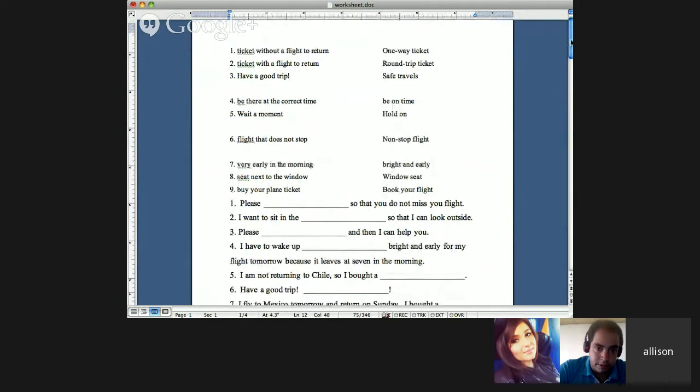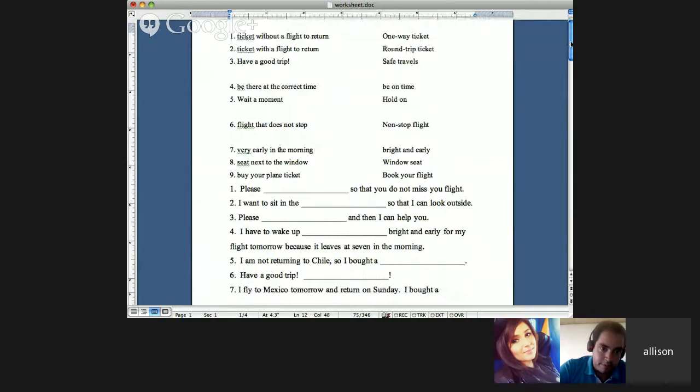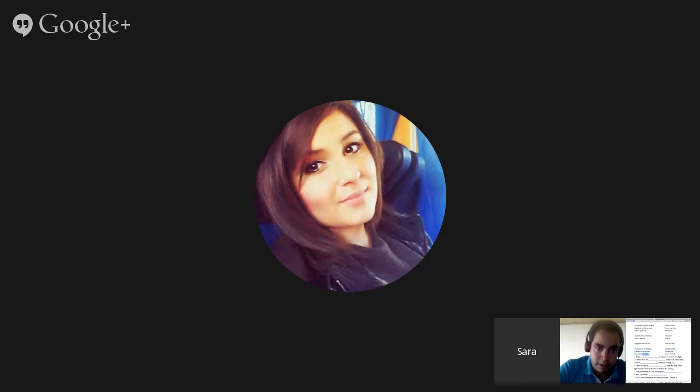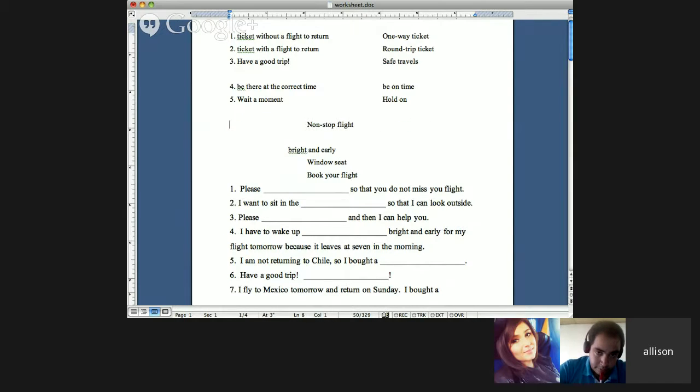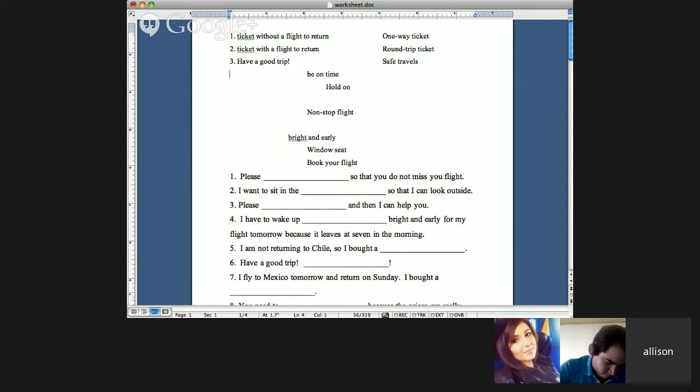Can you guys see all of that on one page? Yeah. So don't put this, only put the words. Okay, so fill in with the vocabulary terms that we just learned into the sentences, and just let me know when you are done or if you have a question, okay?